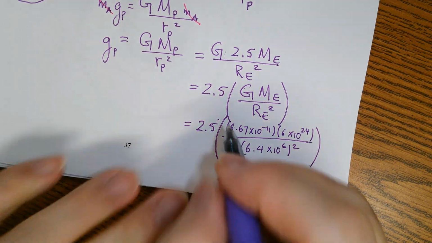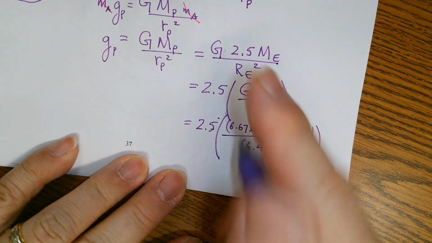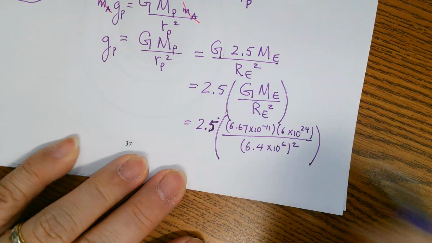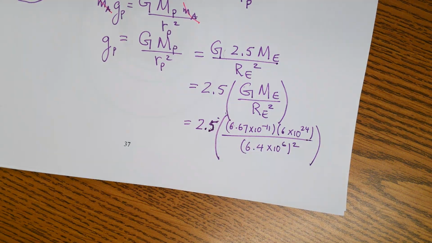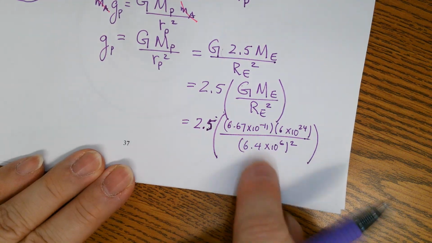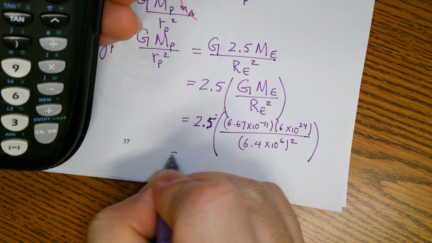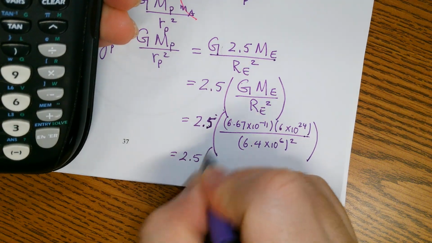Don't multiply this by 2.5 yet. Just do the inside of the parentheses first. Let's use PEMDAS, right? Please excuse my dear Aunt Sally. So if we do the inside of the parentheses first, what do we get?